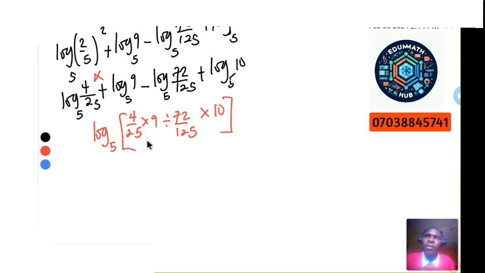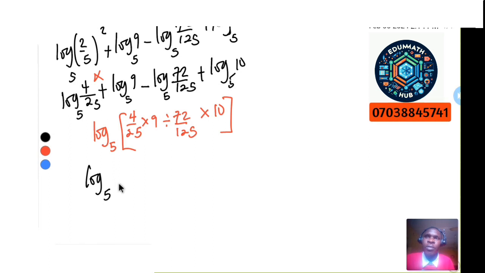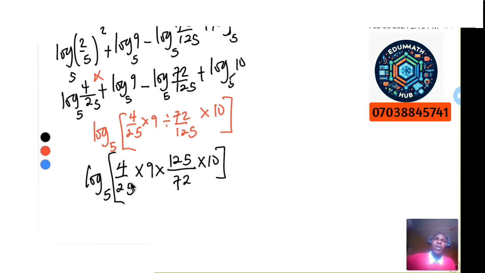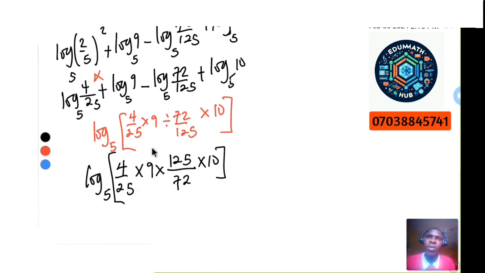So let's simplify it further. Turn this division to times, so it becomes logarithm of 5, 4 over 25, then times 9. This one becomes times, this one goes up, 125 over, this one comes down, 72 times 10. Then you're going to start cutting it out. Let's cut with 9 first. 9 in 72 gives you 8.